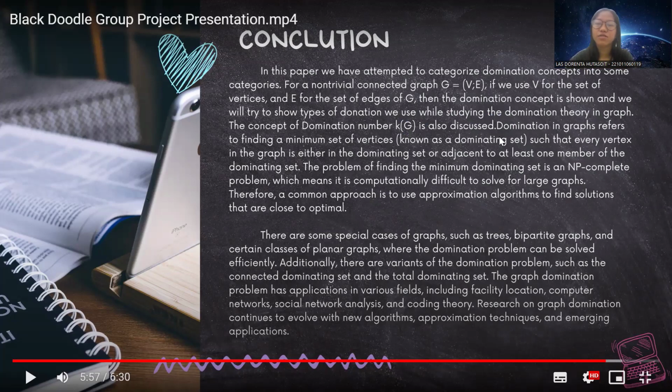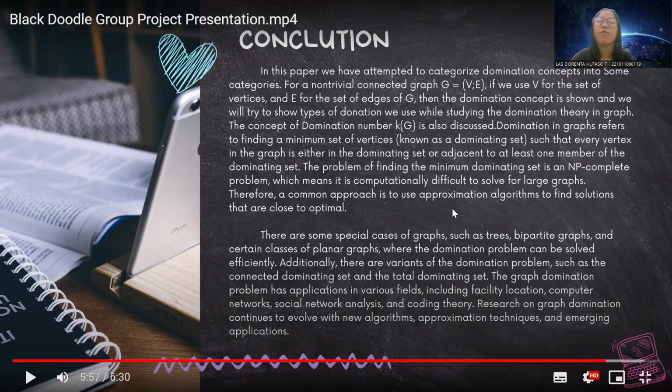Domination in graph refers to finding a minimum set of vertices, known as a dominating set, such that every vertex in the graph is either in the dominating set or adjacent to at least one member of the dominating set. The problem of finding the minimum dominating set is an NP-complete problem, which means it's computationally difficult to solve for large graphs.